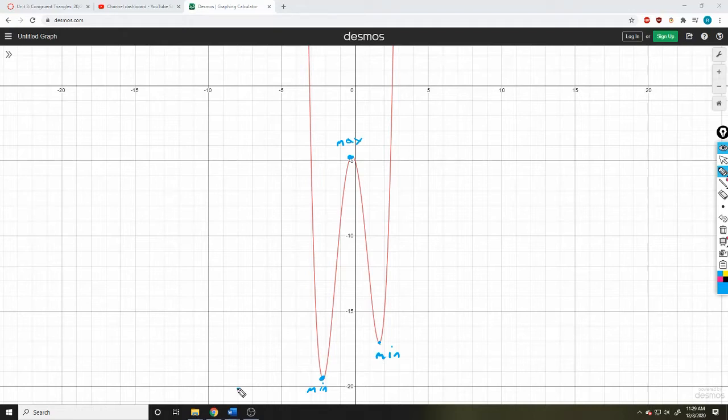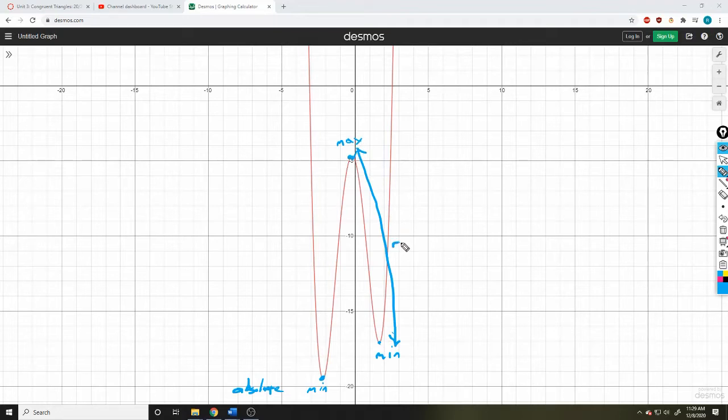So this is the absolute minimum of the graph. But these other two, this maximum, this is not the absolute maximum.